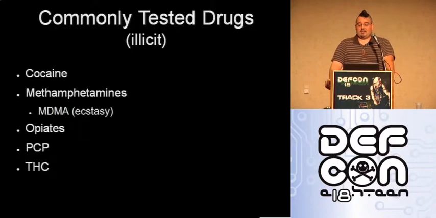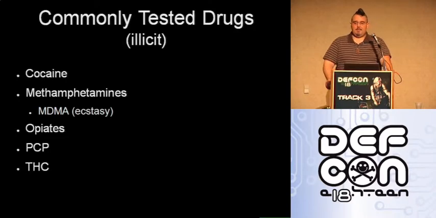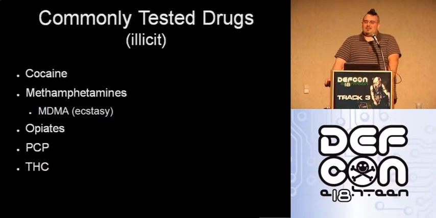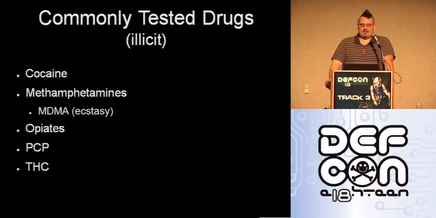Now, commonly tested drugs that are illicit: cocaine, methamphetamines, ecstasy, if you did not know, is actually in methamphetamine. The MA is methamphetamine. Opiates, PCP, THC. I honestly don't know why PCP is commonly tested for. You don't see it a lot on drug tests, showing up positive. But it is commonly tested for.